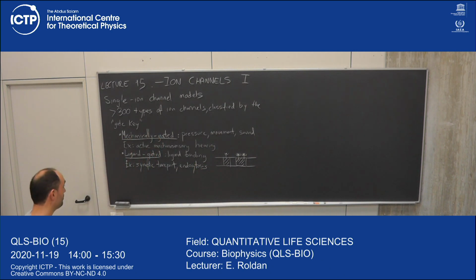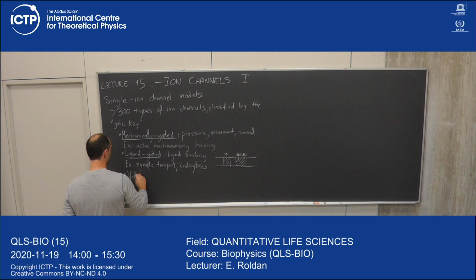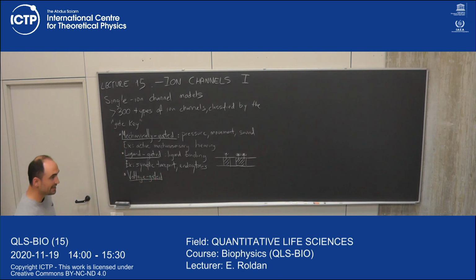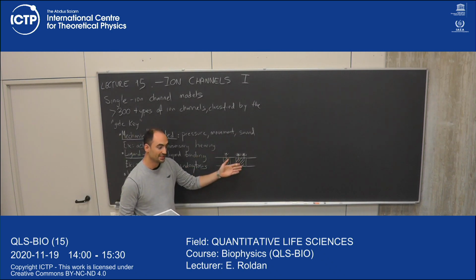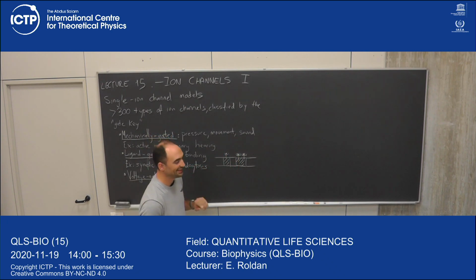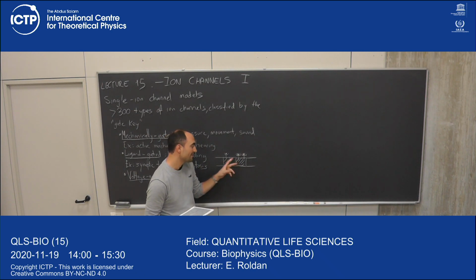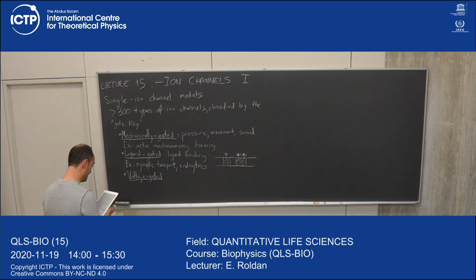Another one is voltage-gated ion channels. This is when there is a voltage difference in the membrane that opens the channel. The membrane has a voltage, which you know very well because you have an exercise to solve in the homework. You can also apply a voltage difference between the two sides of the membrane, and this can generate the opening of the channel. This is what I call voltage gate.